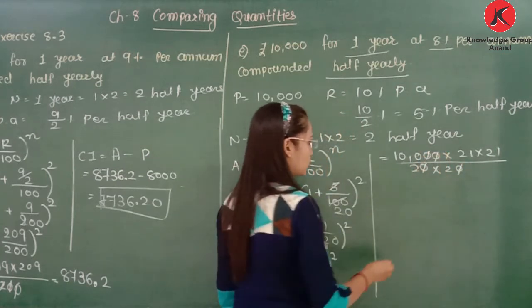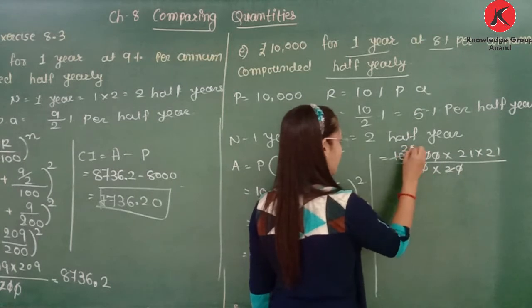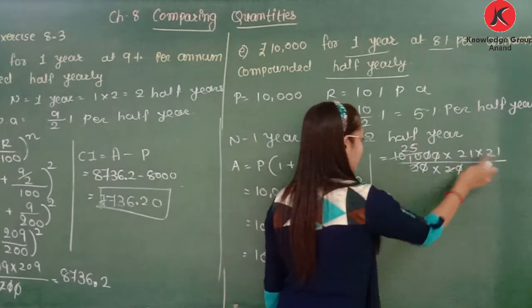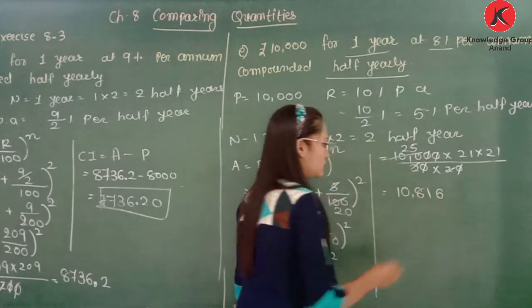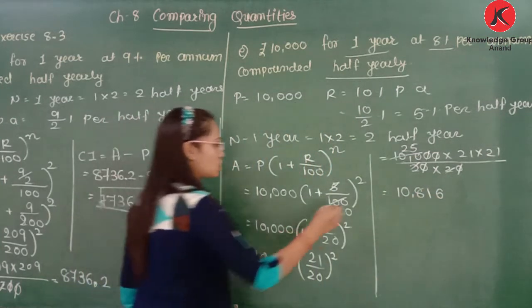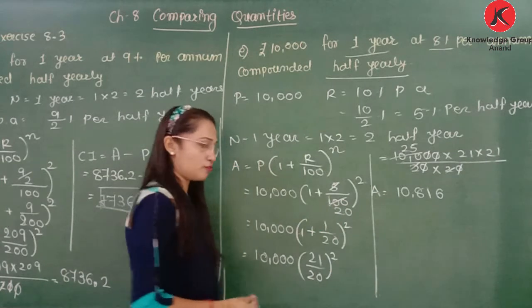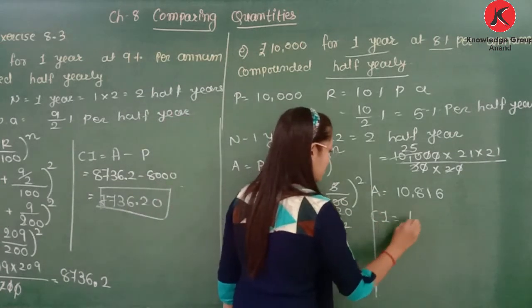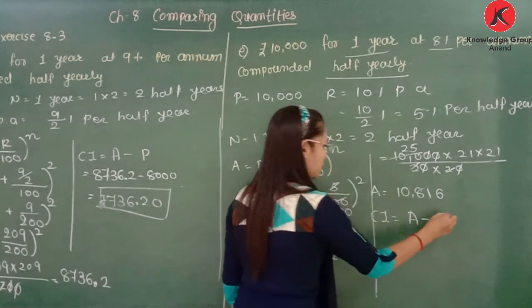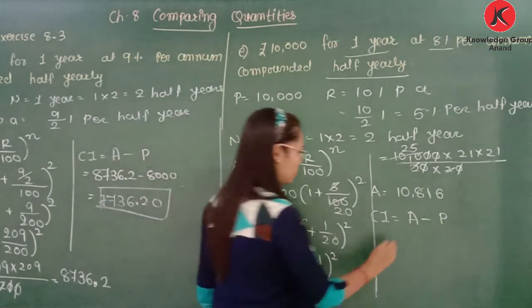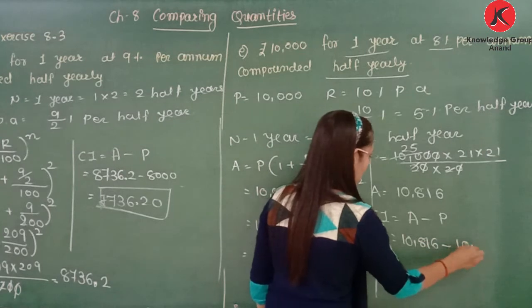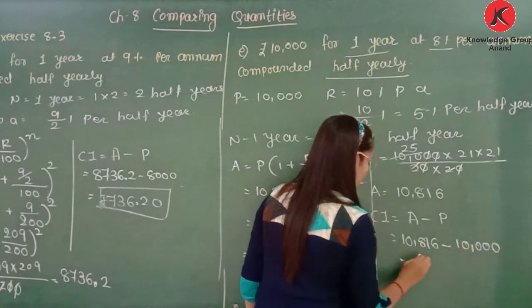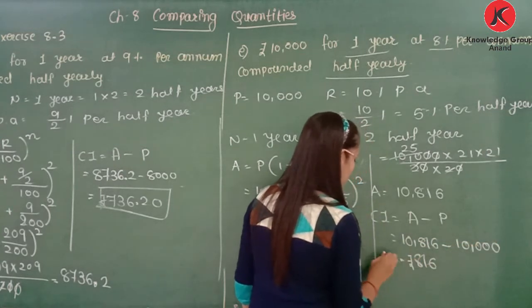Here we can cancel out the zeros. 25 fours are 100. So multiply 21, 21 and 25 and we get 10,816. So this is our amount. If we want to find the compound interest, we subtract the principal value from the amount. So it is 10,816 minus 10,000, that is 816 rupees, which is our compound interest.